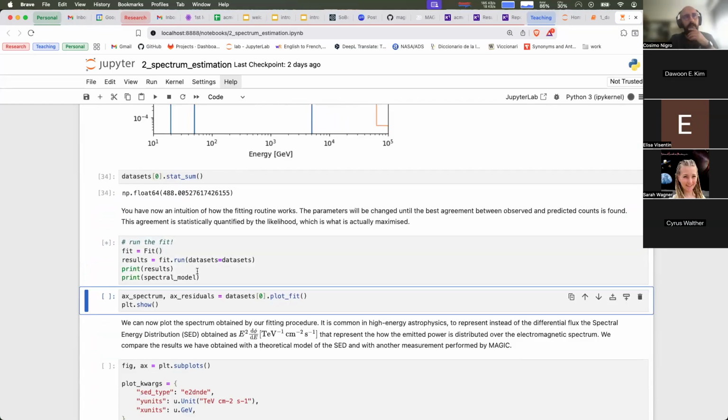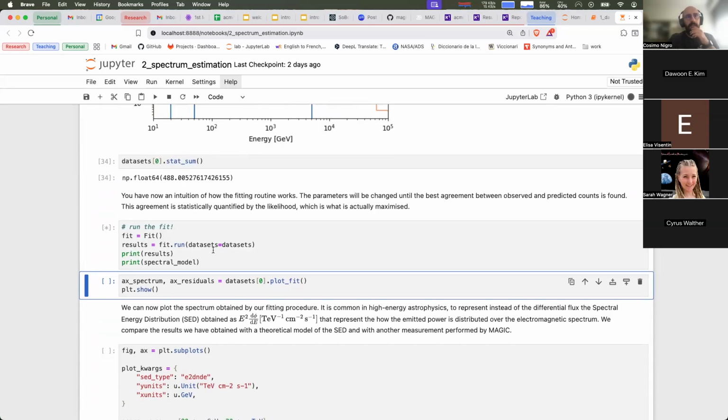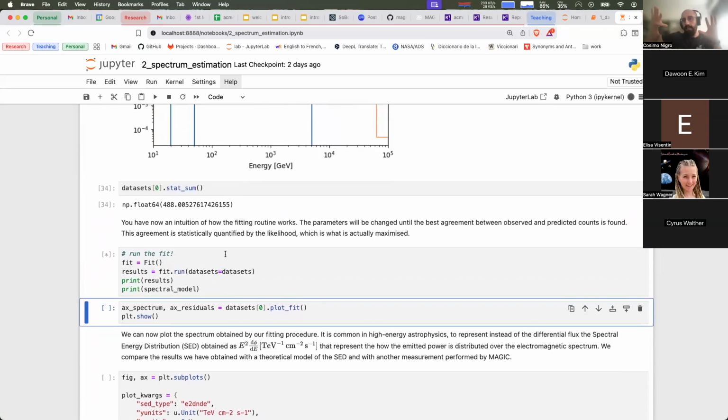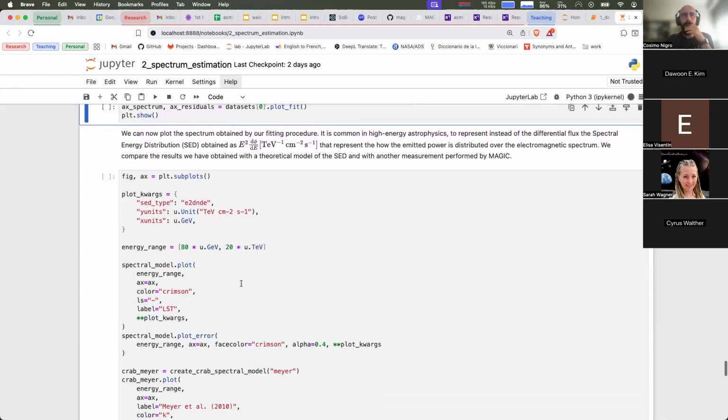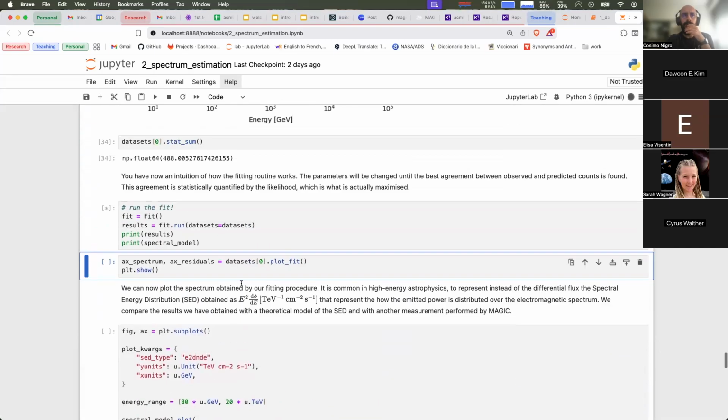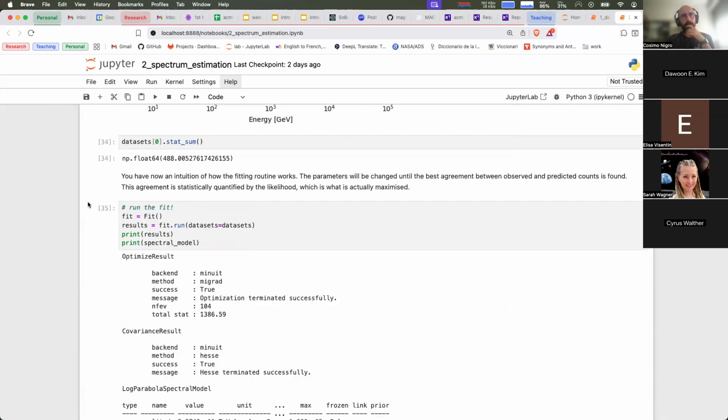So it will run, and it will estimate for all the data set, taking into account all the counts in all the data set, what is the model that best reproduces all the data set. Okay. Taking some time to fit. Okay.